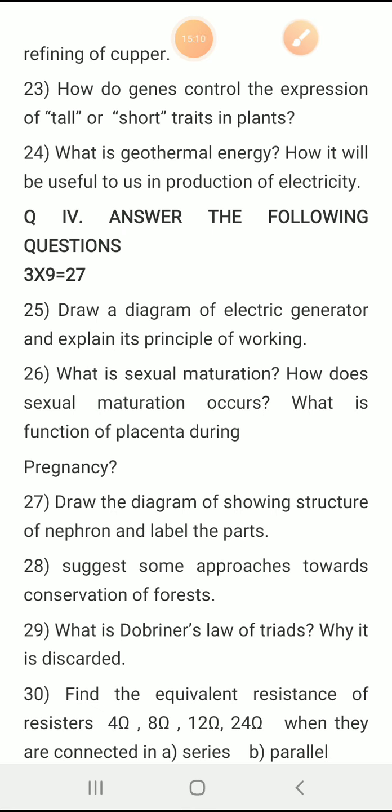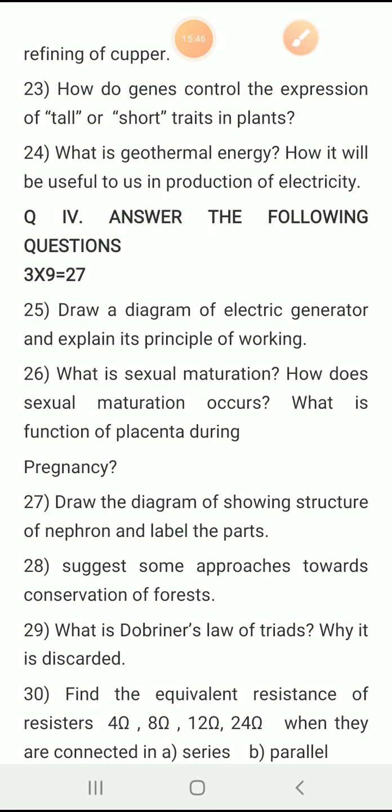So the middle element is roughly the average of other two elements, right? We have discussed it. So in that, here I have used the word arithmetic mean. It means that you can write also the middle element is roughly the calculation of other two elements. But in some triads all three elements possess nearly the same atomic masses, so the law was rejected, right?